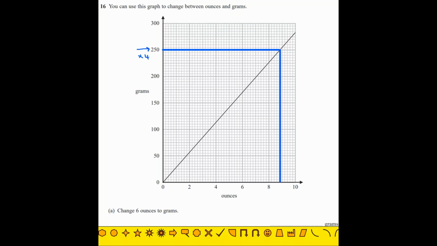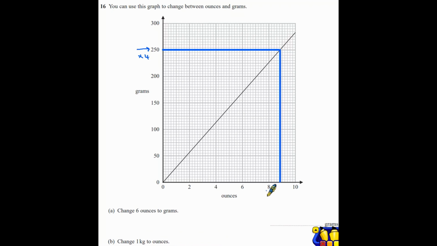Now then, let's have a look at this scale. This is going from 8 to 10. That's only going up 2 on the steps, so it's going to be 8.2, 8.4, 8.6, 8.8.